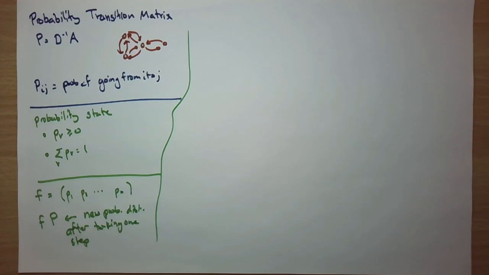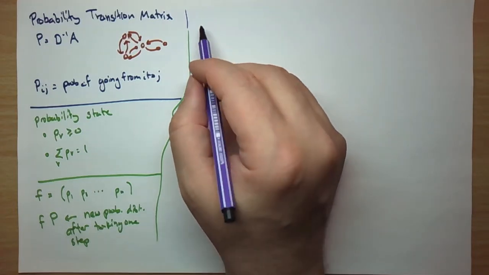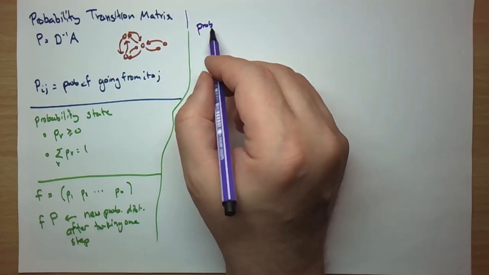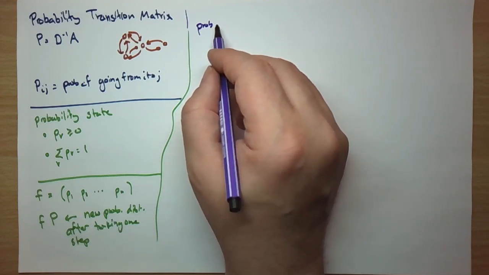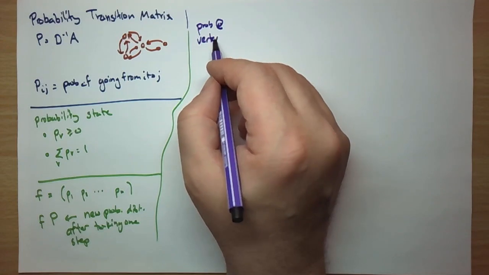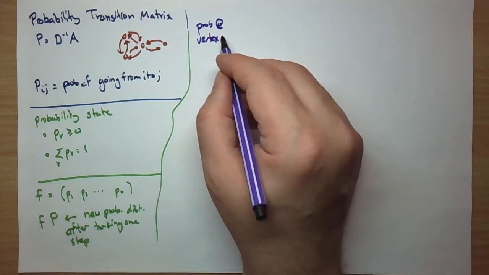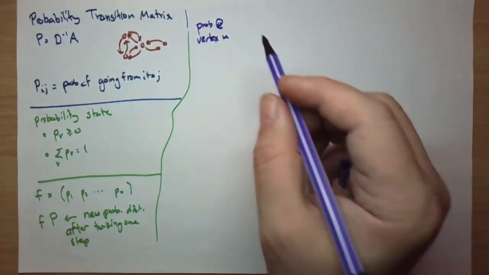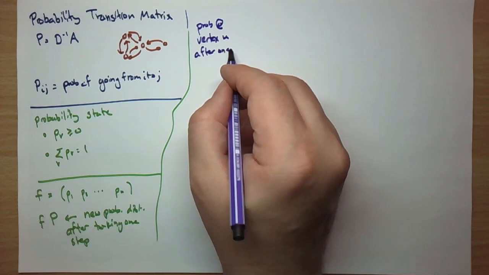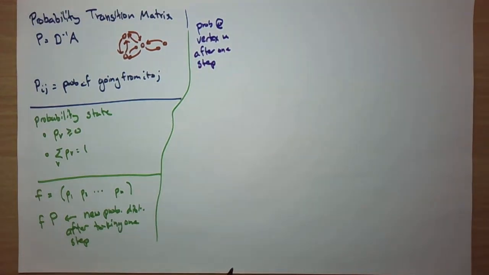So how can we think about that? Let's think about the probability that we're at vertex, I've been using i's and j's, but I'm going to go back to u, after one step. Suppose I wanted to compute that probability.